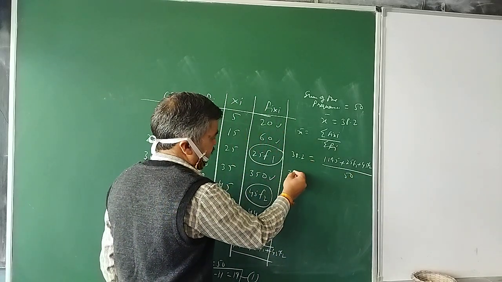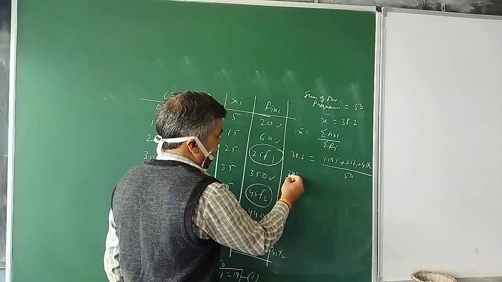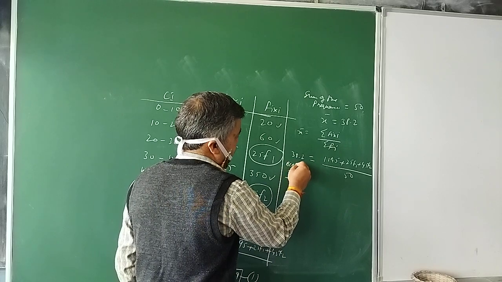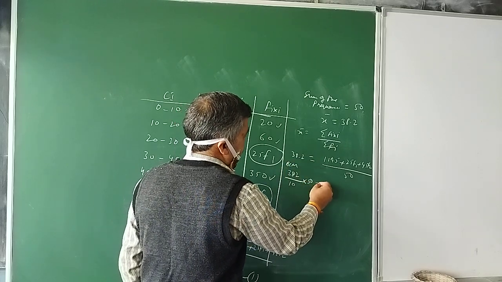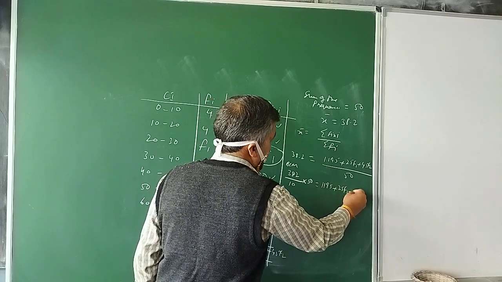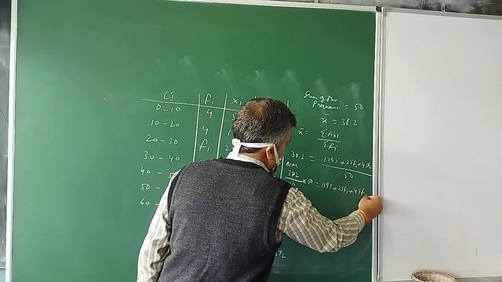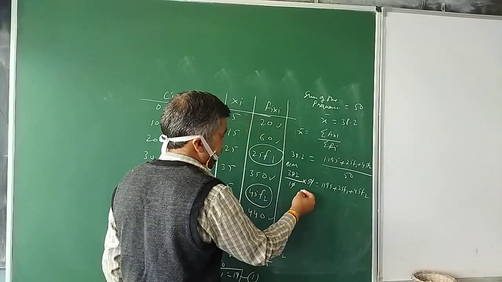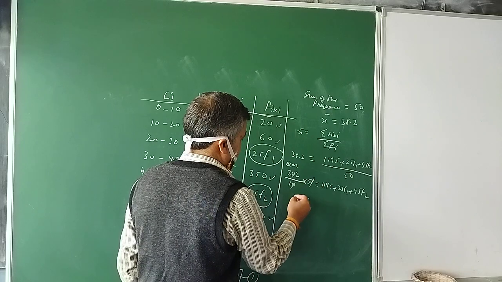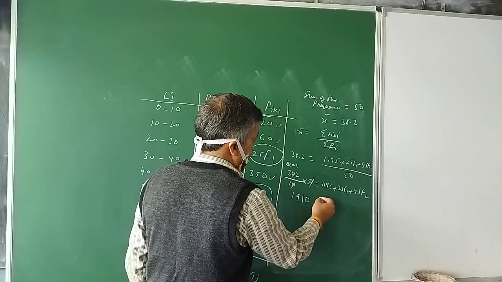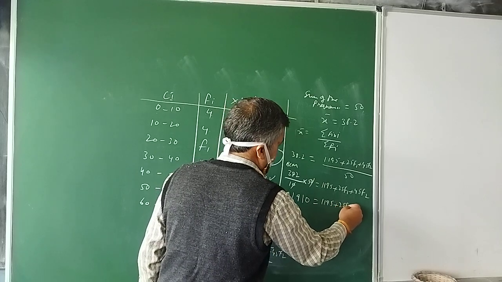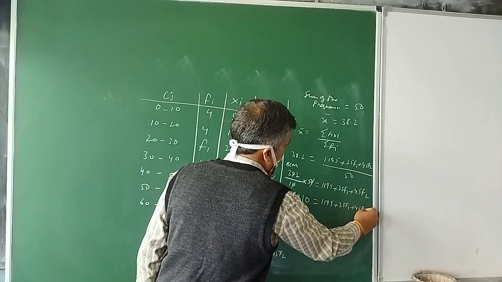So no doubt you can write it like 382 upon 10, by cross multiplying into 50, is equal to 1195 plus 25 F1 plus 45 F2. When you cancel these zeros, this will be 1910 is equal to 1195 plus 25 F1 plus 45 F2.